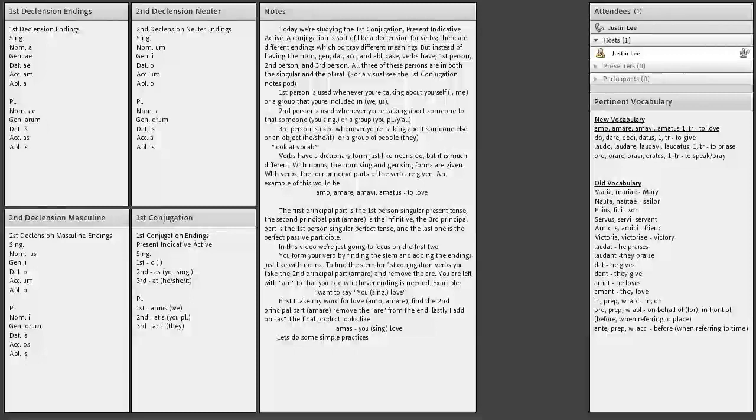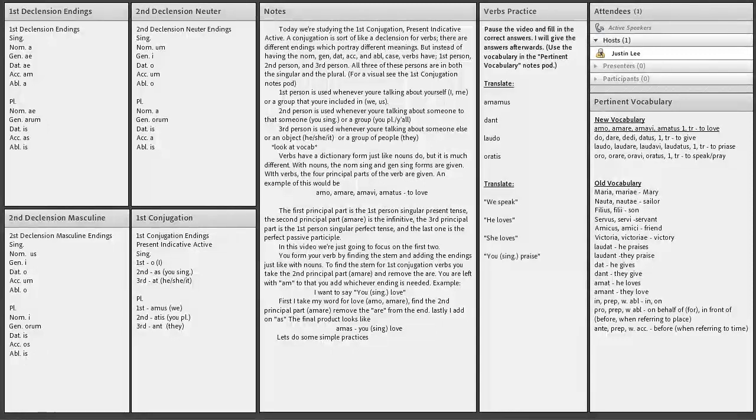So, oops, sorry, trying to pull up the notes pod. It's giving me a little bit of complications. All right, so what I want you to do is, when I tell you to, I want you to pause the video and fill out the correct answers for all these words, the correct translations, or what you think it is. And when you come back, I will write in the answers.